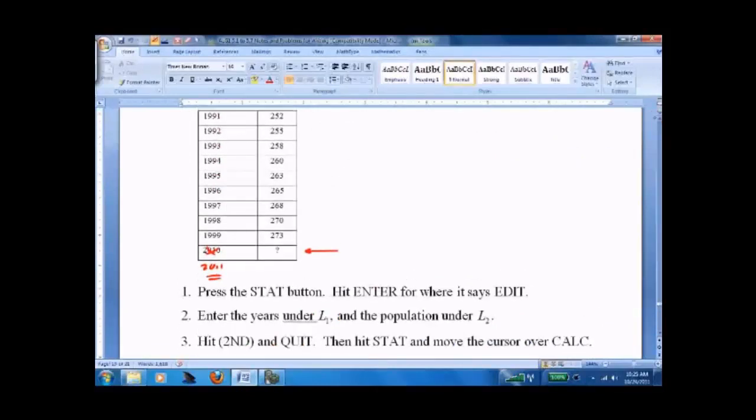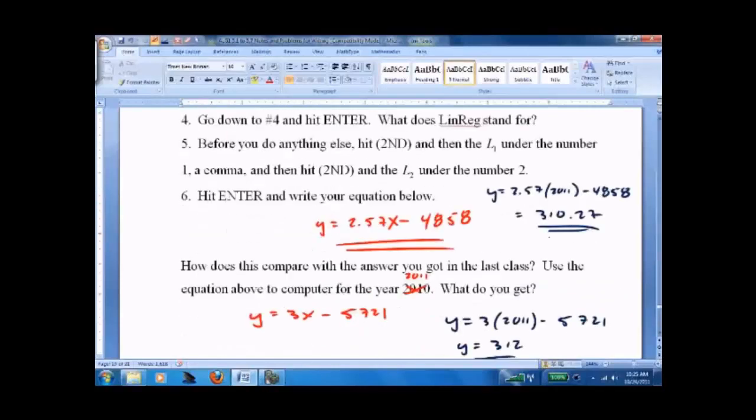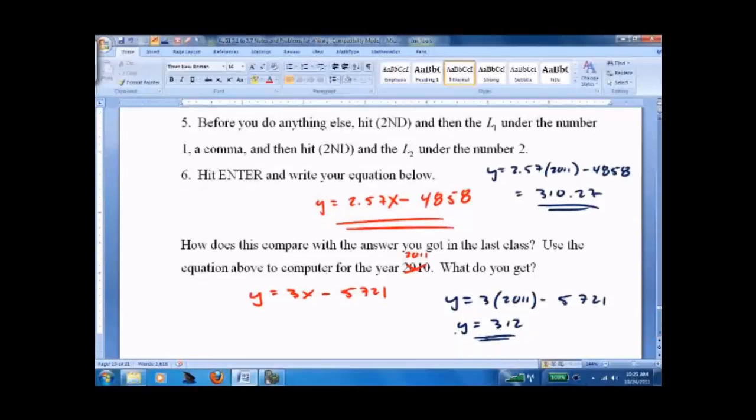Population growth should be exponential, but it isn't. So, the population in 1999 was 273 million Americans. According to our calculator, it is now 310.27 million Americans. According to our rough hand-drawn line, it's 312 million Americans. So we're 1.7 million Americans different.